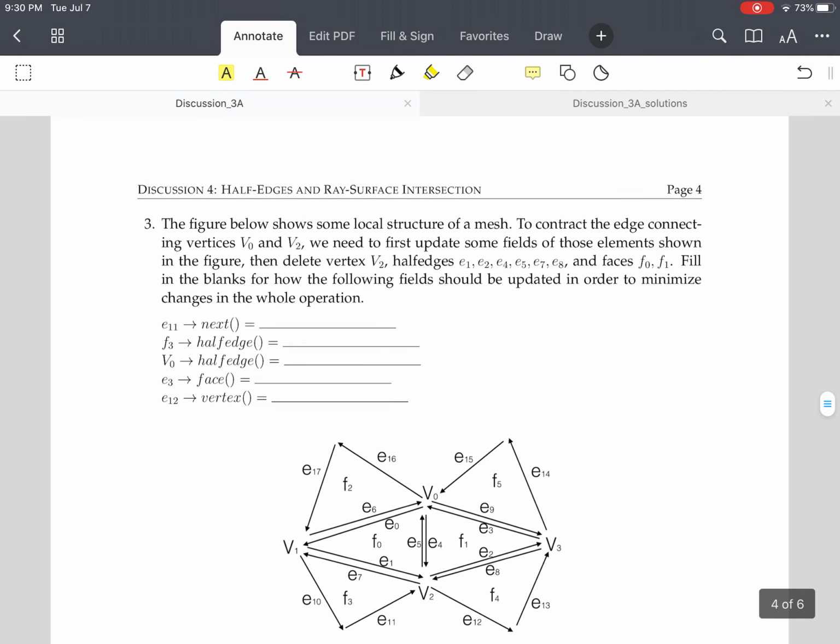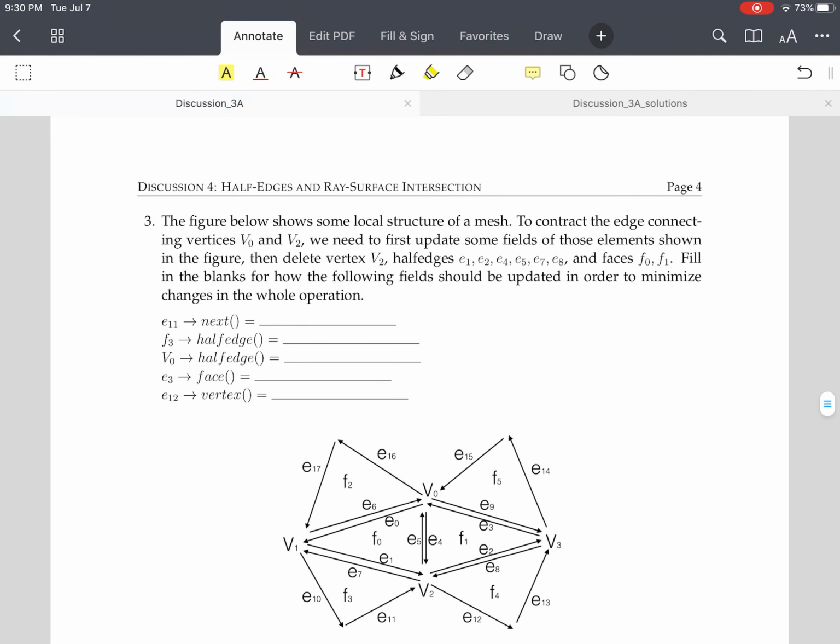Now let's look at this. The figure below shows some local structure, just a piece of a mesh, and it's really labeled. You see all these edges, faces, vertices, all that. To contract the edge connecting vertices V0 and V2, we need to first update some fields of those elements shown in the figure, then delete V2, delete half edges E1, E2, E4, E5, E7, E8, and faces F0 and F1.